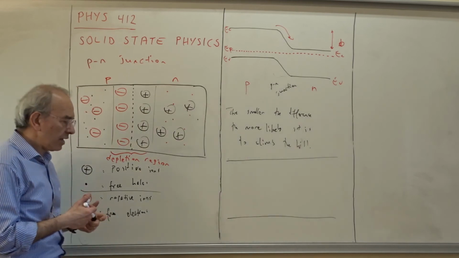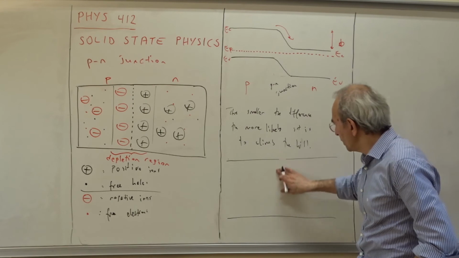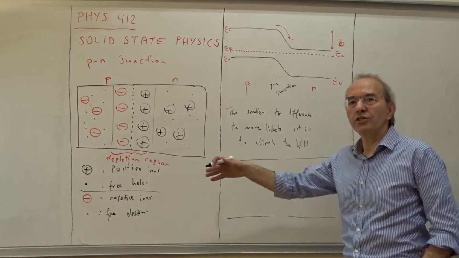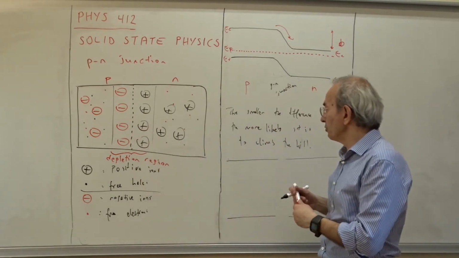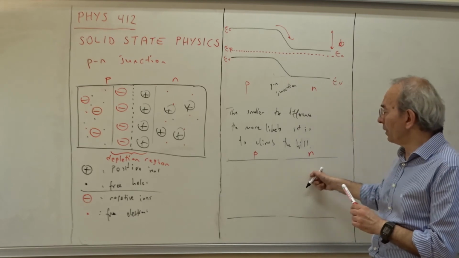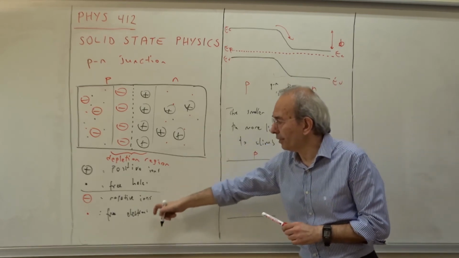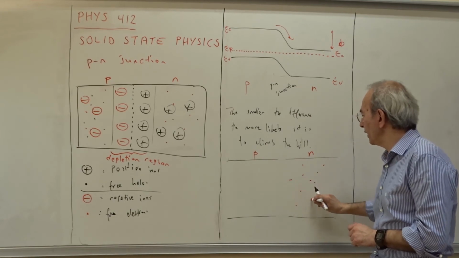Remember, let me go back to the previous picture, just before this junction occurs, this left-hand part is P and the other part is N. In the N part, there are many more free electrons.